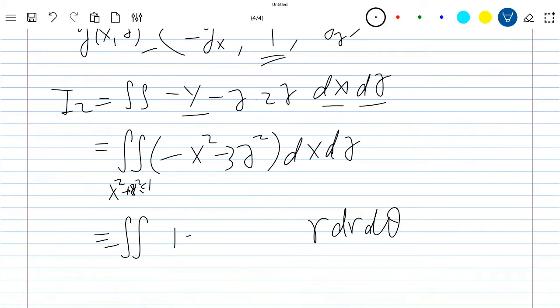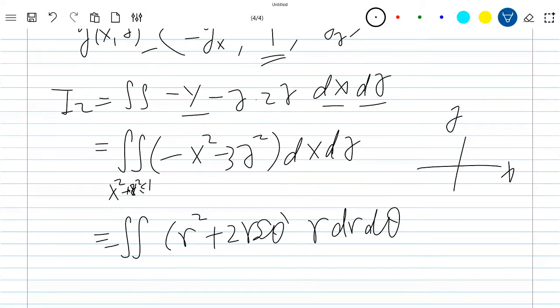Note x squared plus z squared equals r squared, and then you have 2 times z squared, where z equals r times sine theta.